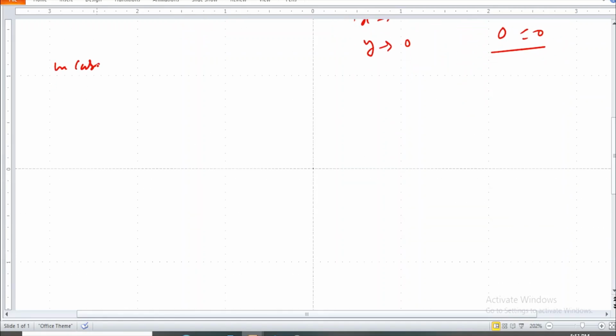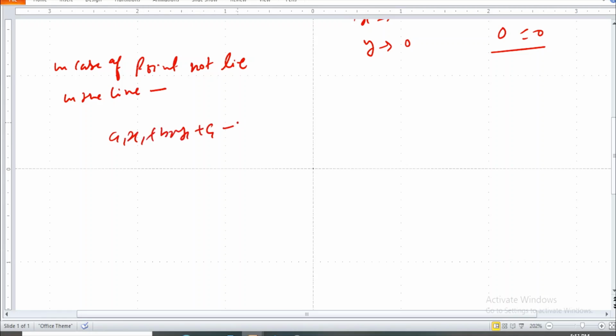In case the point does not lie in the line, what is the condition? In that case, the value of a1 x1 plus b1 y1 plus c1 should be not equal to 0, right?